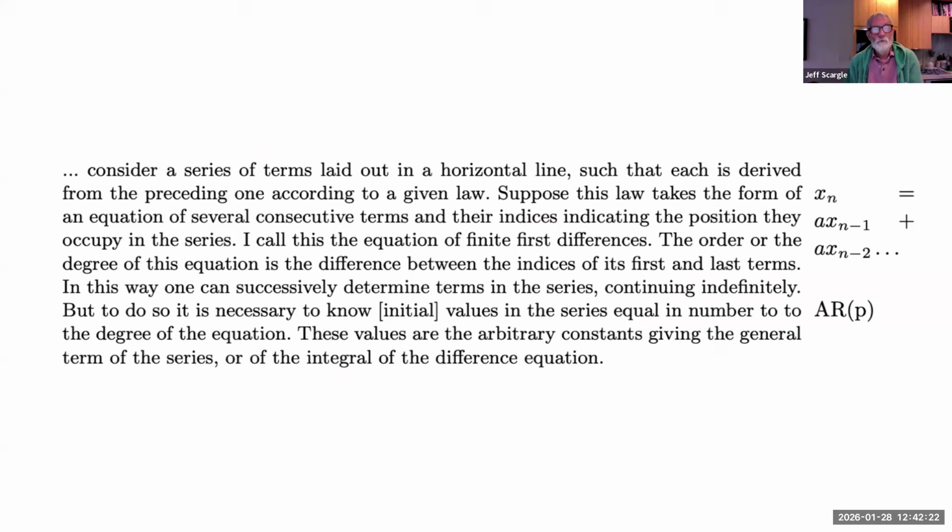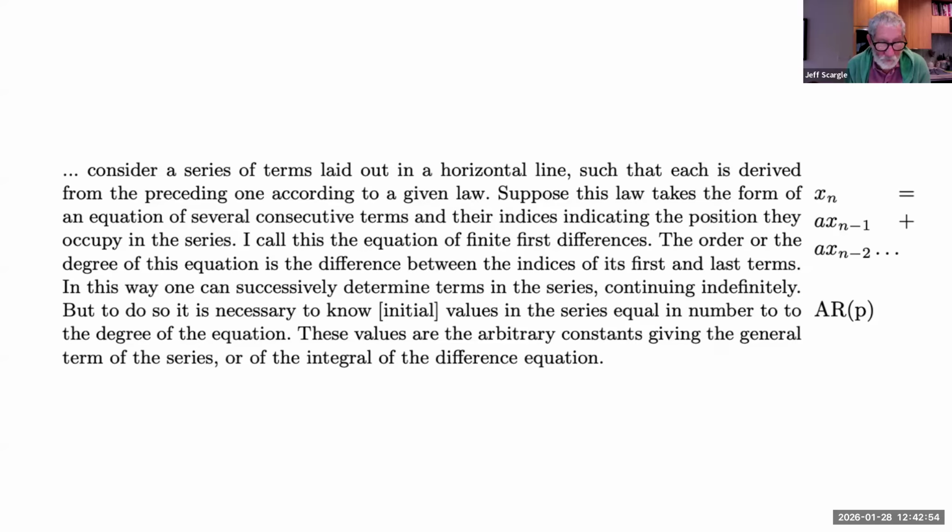Okay. Here's a quote, a little history detour. I'll read at least part of it. Consider a series of terms laid out in a horizontal line such that each is derived from the preceding one according to a given law. Suppose the law takes the form of an equation of several consecutive terms and their indices indicating the position they occupy in the series, and so on.